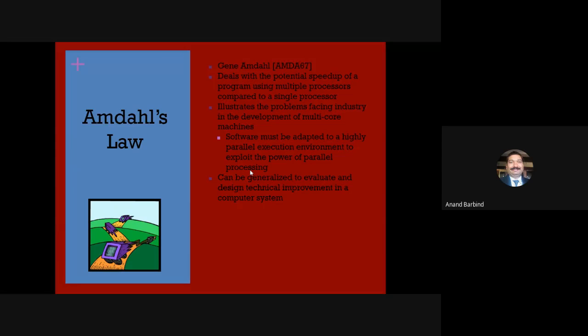Many times it happens that simply by increasing the processors, you cannot increase the speed, because it should be possible to divide your program into segments which can be executed simultaneously or in parallel.